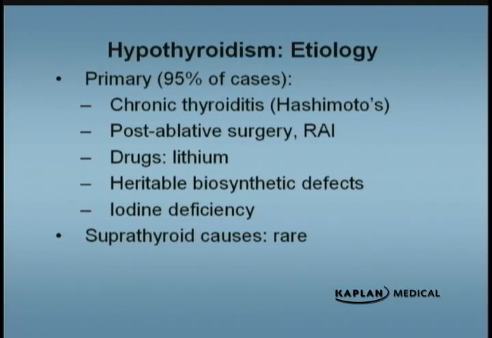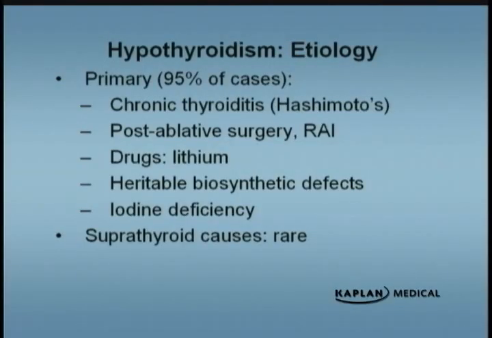In this country, we also see another form of hypothyroidism because of the way that we treat hyperthyroidism, toxic nodular goiter, and Graves' disease. One of the most common etiologies of hypothyroidism is post-ablative radioactive iodine ablation that we do in patients to treat Graves' disease and other forms of hyperthyroidism.